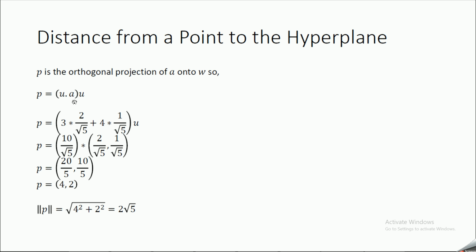And we know A is nothing but (3, 4), so we are computing 3 into 2 upon root 5 plus 4 into 1 upon root 5. On simplification of this, you get 10 upon root 5, which you multiply with the u value, (2 upon root 5, 1 upon root 5). So on further multiplication, you get 20 upon 5, 10 by 5, which is nothing but (4, 2).